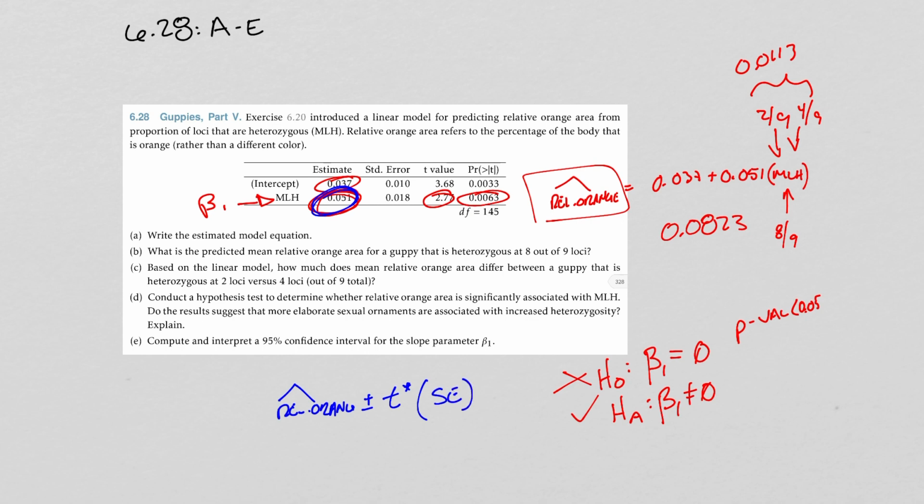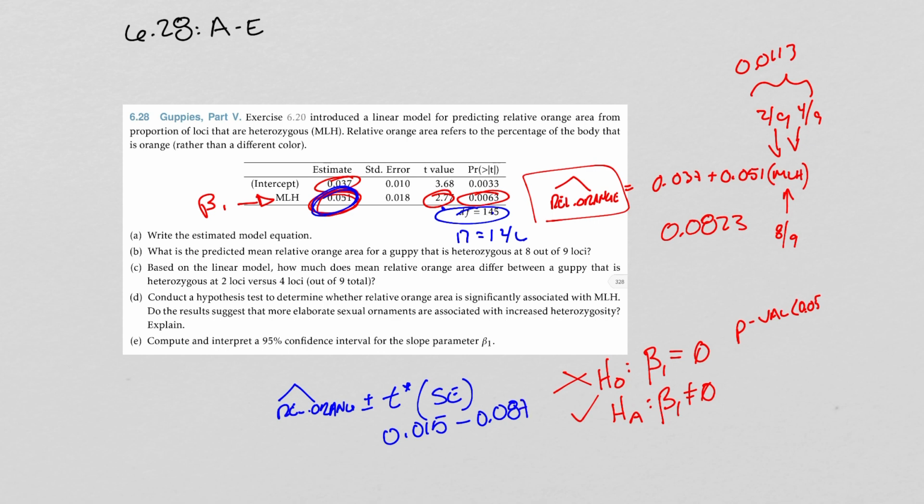You have everything for that here, right? You have the number, you have the t, you have the degrees of freedom, so your n is 146, I think. So anyways, your confidence interval is 0.015 to 0.087.